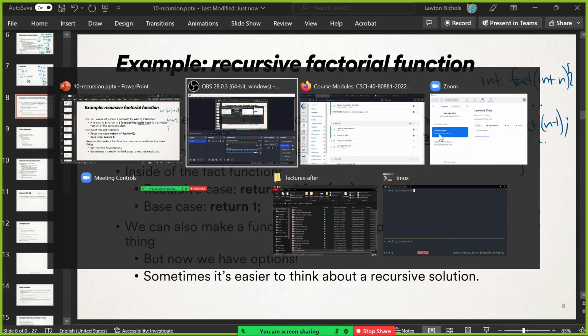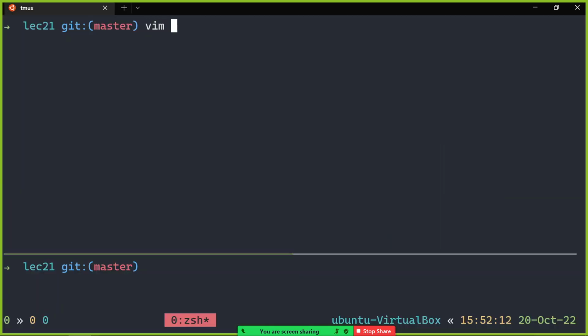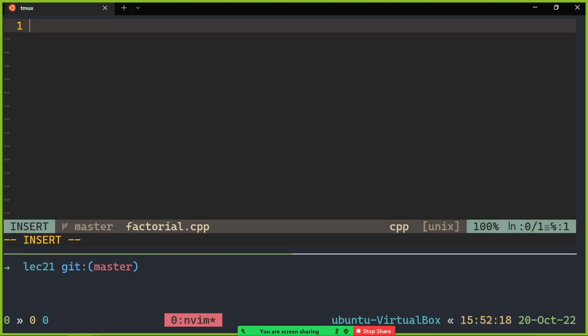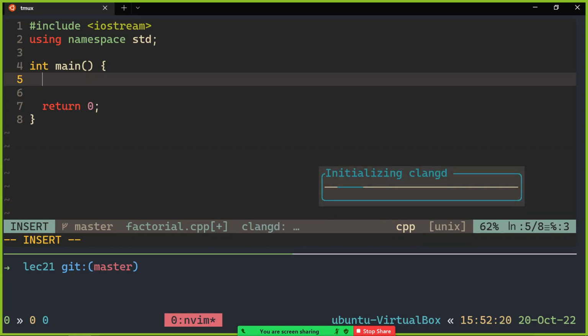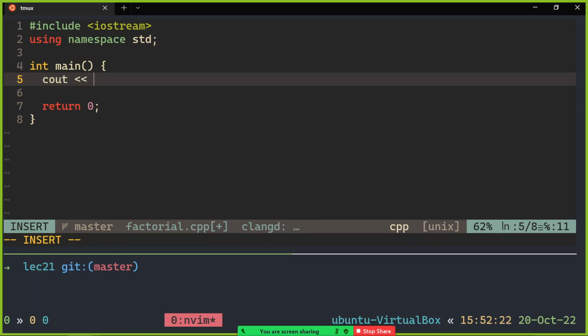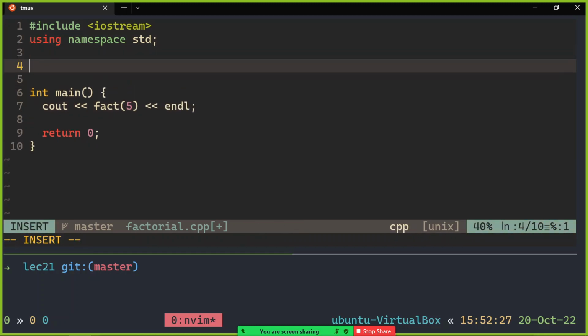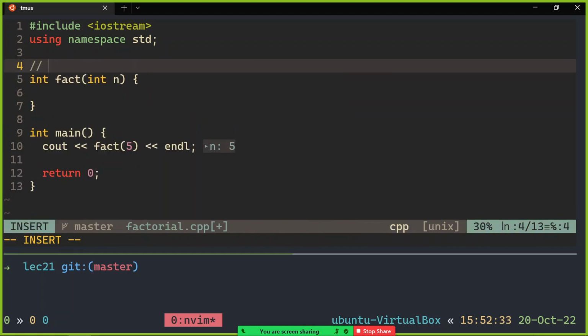So let's code this up. Let's make it happen. So factorial.cpp. Let's code up the factorial problem, and let's ask for, of course, fact of 5. So we need to make the fact function now. Int fact takes a number n, and it's supposed to return n factorial.